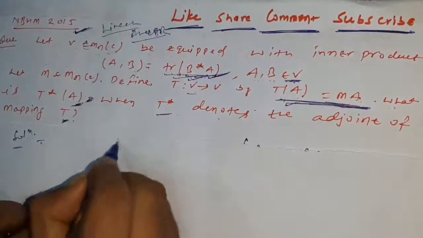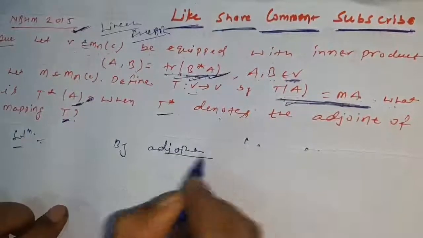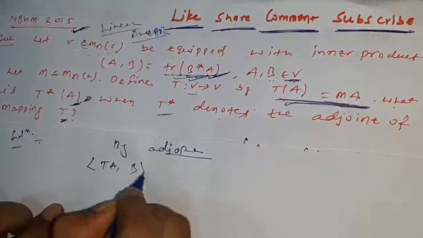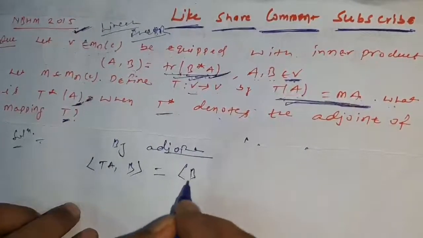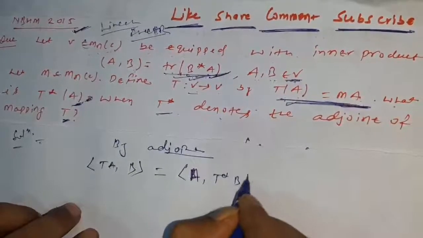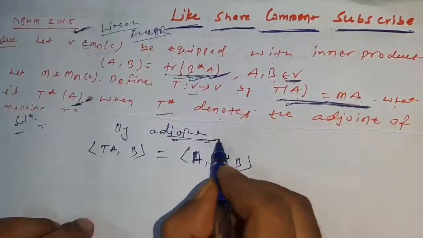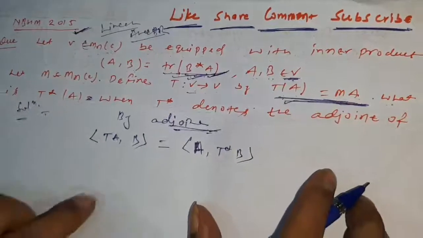By the help of adjoint, we know the inner product of T(A), B is equal to the inner product of A, T star B, by the property of adjoint, which we already read in inner products.